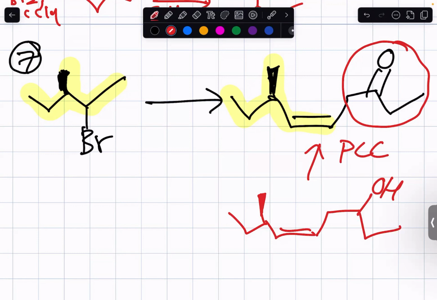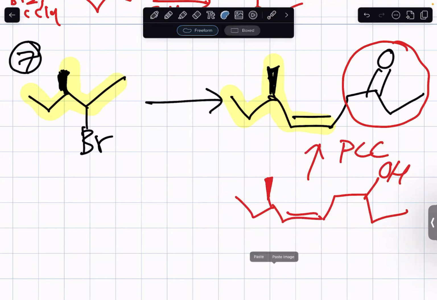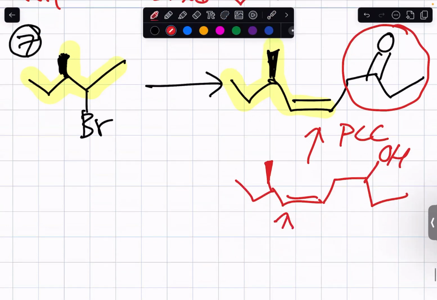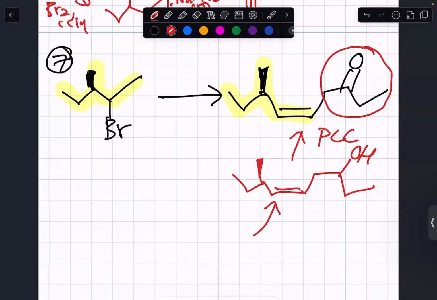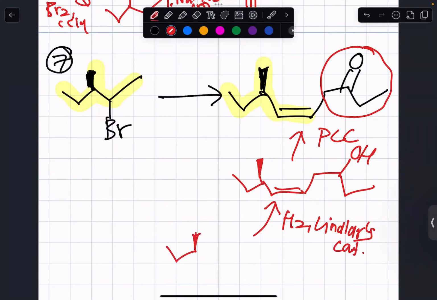An oxidizing agent like PCC or Jones. Now, what kind of alkene is this? Cis. And what reagents can create a cis alkene from an alkyne? H2 Lindlar, yes. So let's put that H2 Lindlar catalyst right there, and let's put that into an alkyne like that.